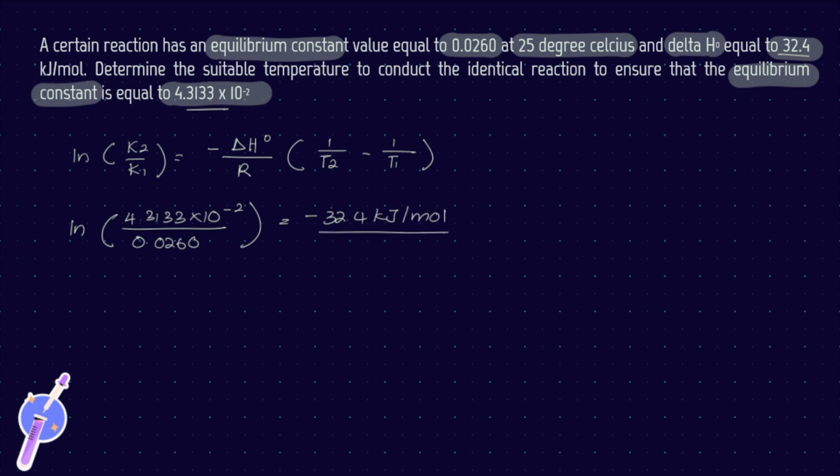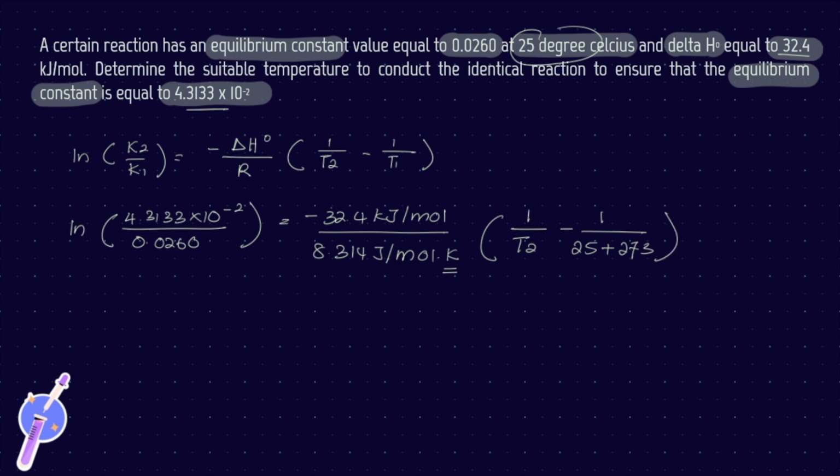Therefore, your value of R should be 8.314 joule per mole per Kelvin. And then the T2 is the one that you are going to calculate, and your T1 is equivalent to 25 degrees Celsius. So you write here 25, but you look at here, your gas constant is in Kelvin. So you need to convert this to Kelvin as well, by adding 273.